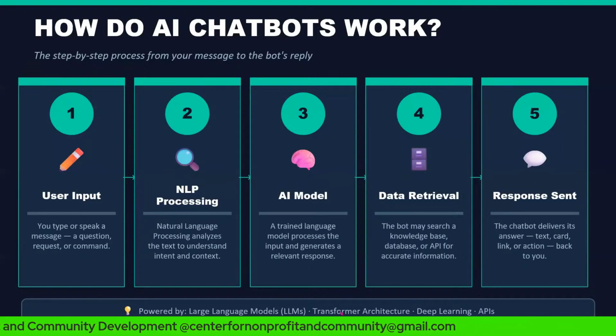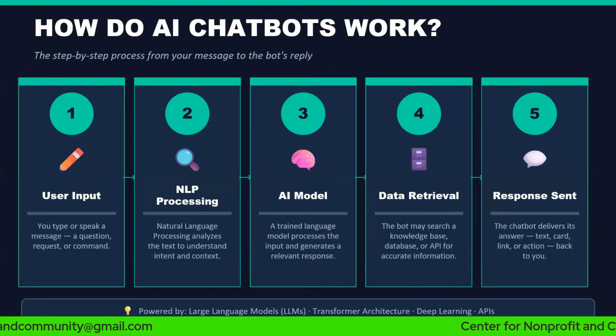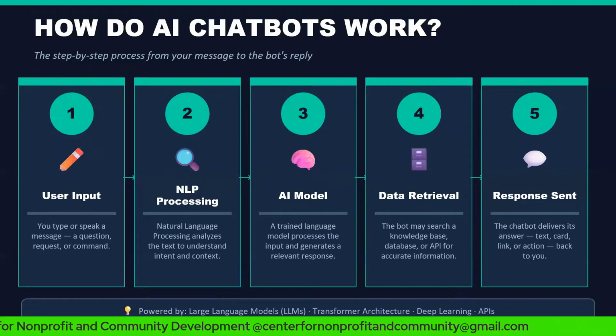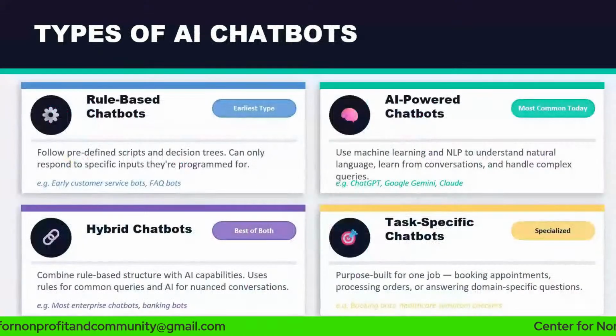The second part of that is transformer architecture. And next is deep learning. And finally, APIs. All of these different parts make up your ability to use chatbots. And we're going to talk about some different popular types of chatbots in a little bit.